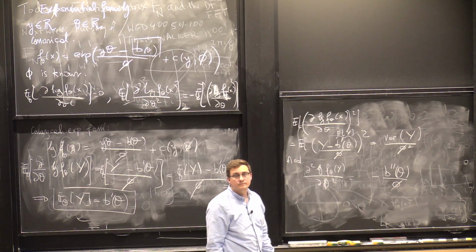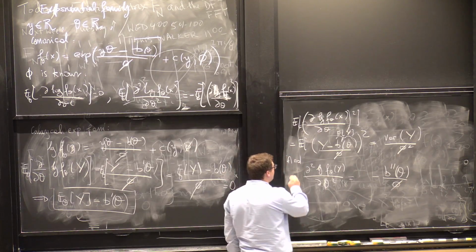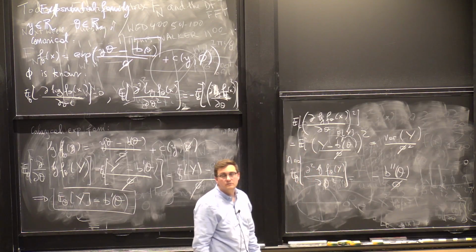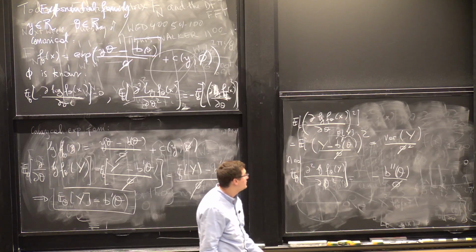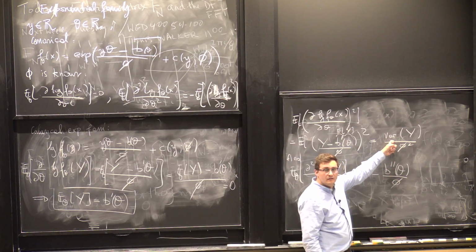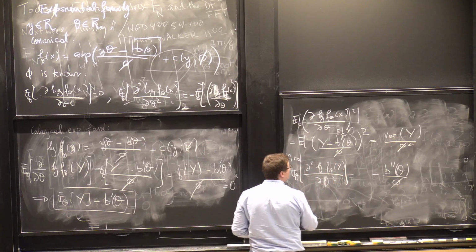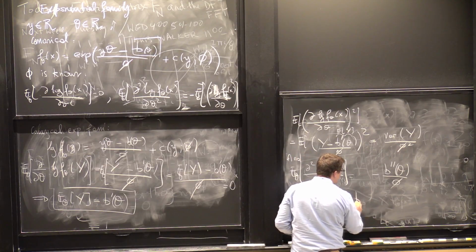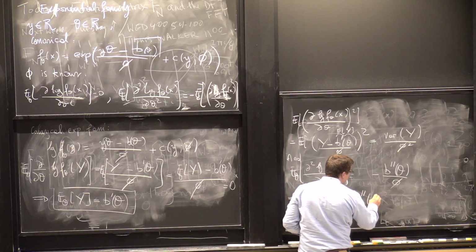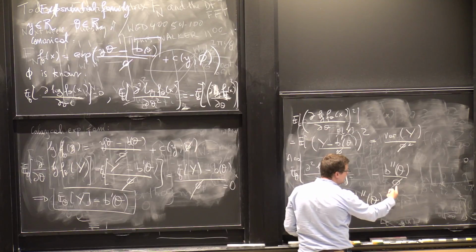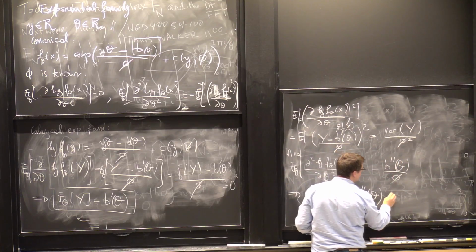So if I take the expectation, it just doesn't change, since this is deterministic. Now what I've established is that this guy is equal to negative this guy, so the signs go away. And so this implies that the variance of y is equal to b double prime of theta, and then I have a phi squared in the denominator and a phi in the denominator that cancels only one of the phi squares. So it's times phi.